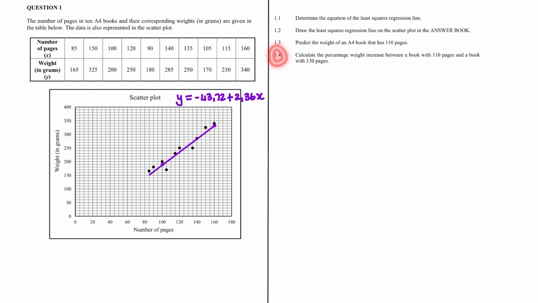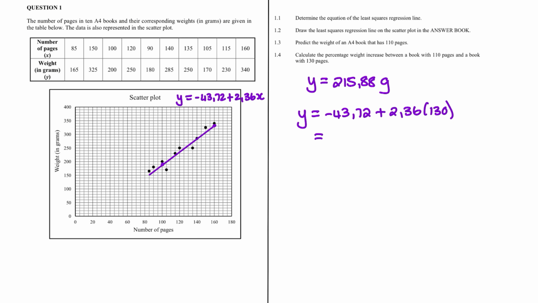1.4. Calculate the percentage weight increase between a book with 110 pages and a book with 130 pages. Now we have the weight of a book of 110 pages as 215.88 grams. Let us find the weight of a book with 130 pages. So now I'll substitute x with 130.